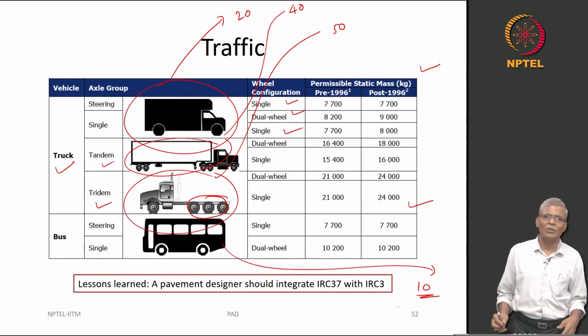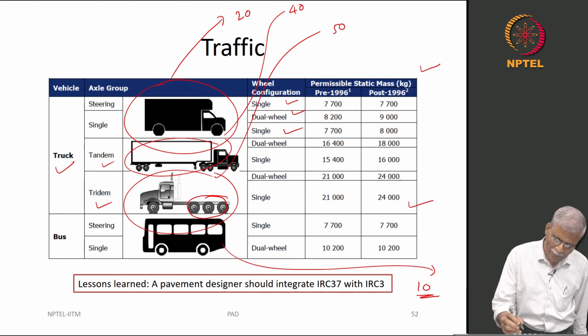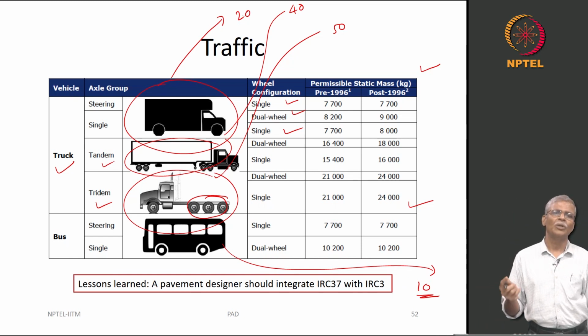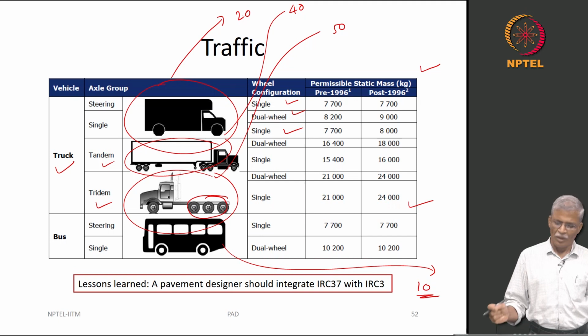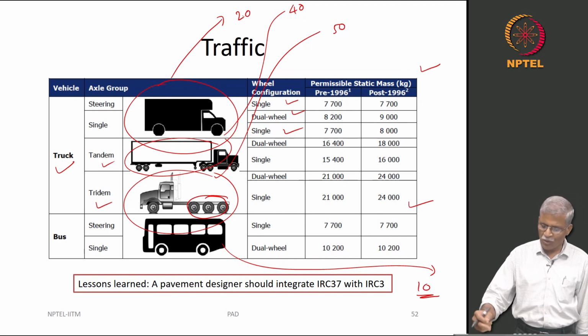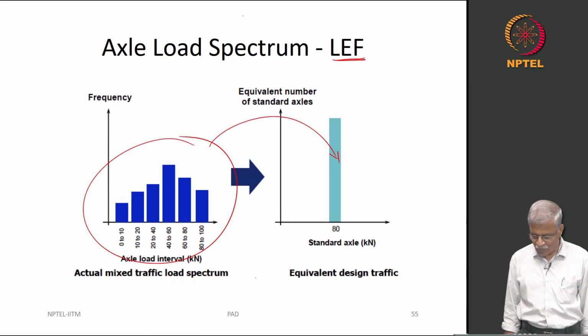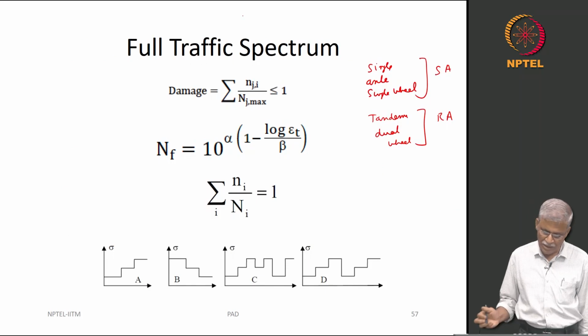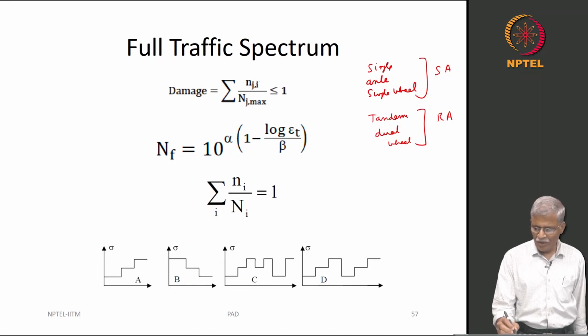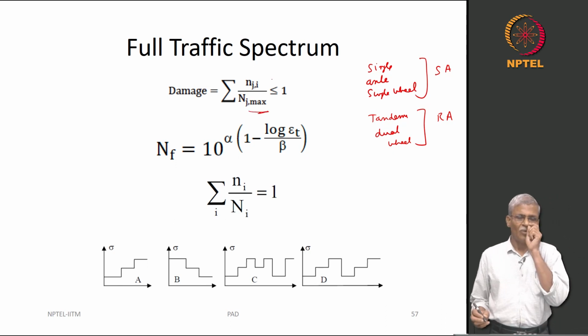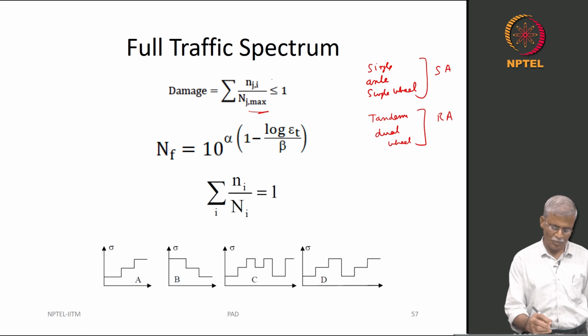I am just giving an example. So, you will compute for each of these what the damage is, and let us say there are 4 classes here. So, we use these 4 classes, and for each axle what it is, and then we will sum it up. Now, how do all these things come into the picture?